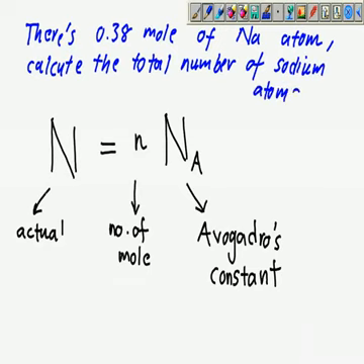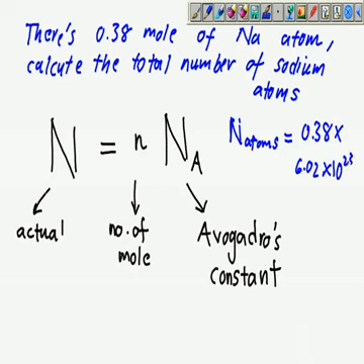You see, 0.38 is like 0.38 dozen. Okay, so in this case, mole is 0.38, and they want the total number of sodium atoms. So you can put this total number of sodium atoms. That will give you 0.38 times 6.02 times 10 power 23.